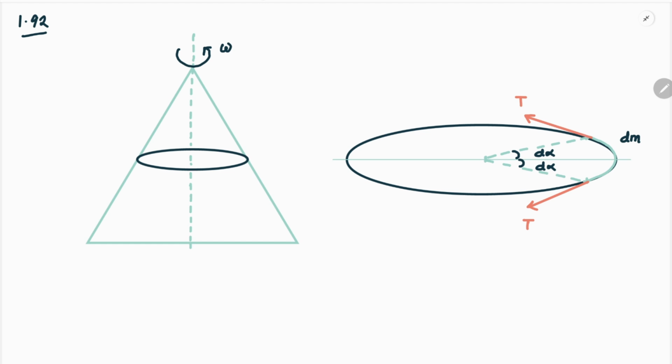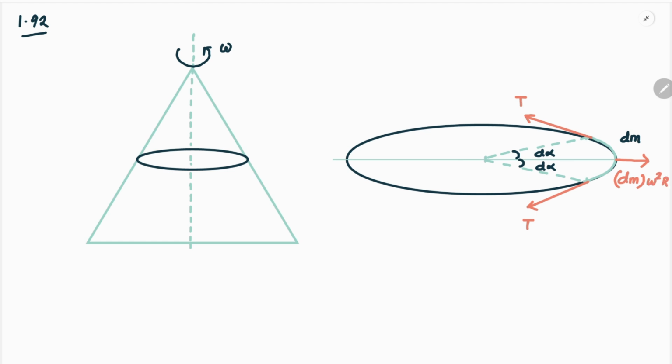Now the important aspect that needs to be understood here is that this mass is going to experience a force in this outward direction, which is given by dm omega square r.